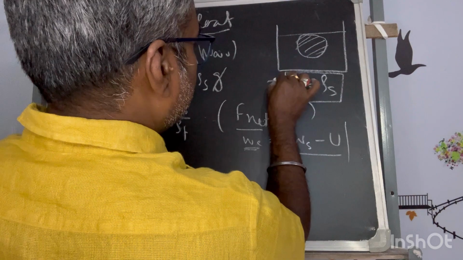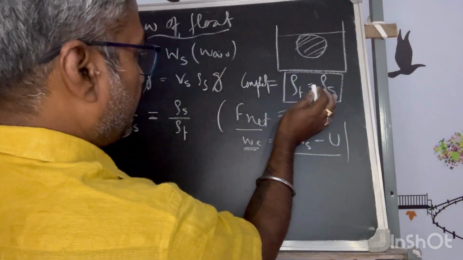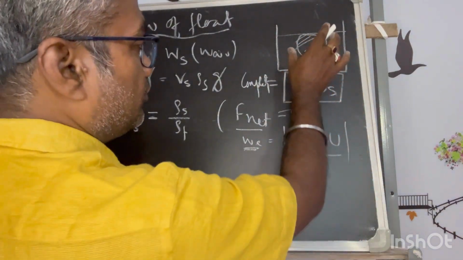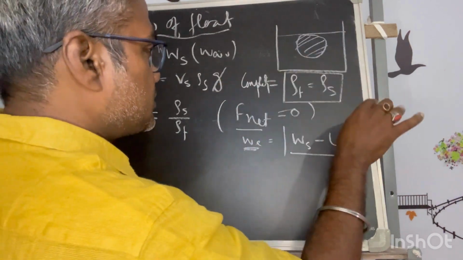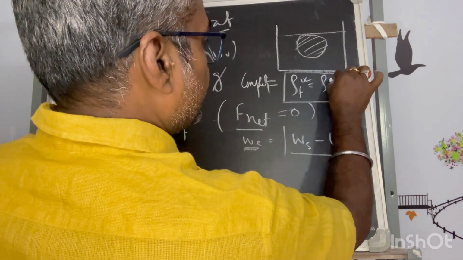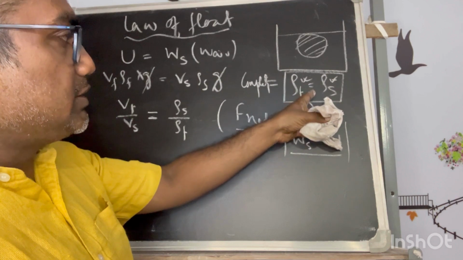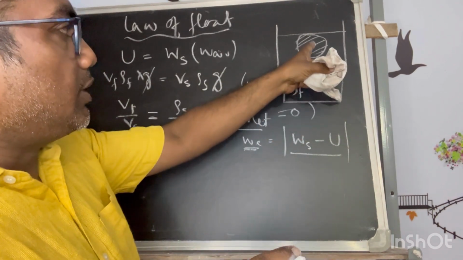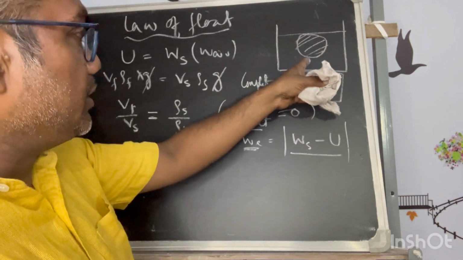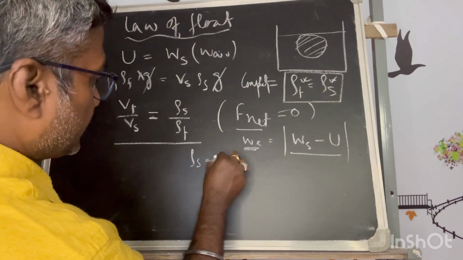This condition is for a completely submerged body, where the volume of the body is equal to the volume of the fluid displaced. Only then can this be applicable. This is the unique floating condition, where it is completely immersed in the liquid. But this condition is not always needed.